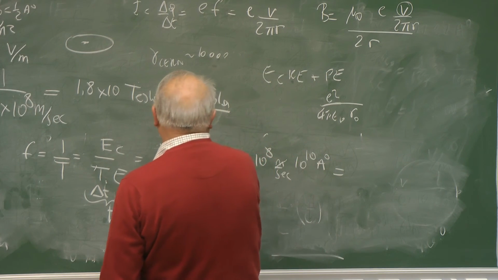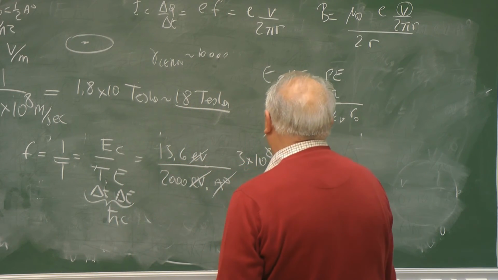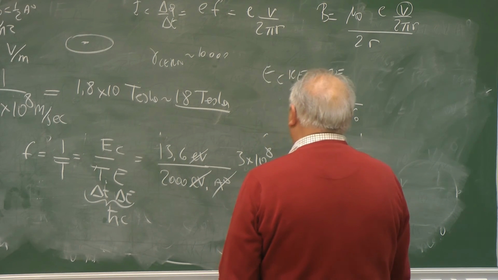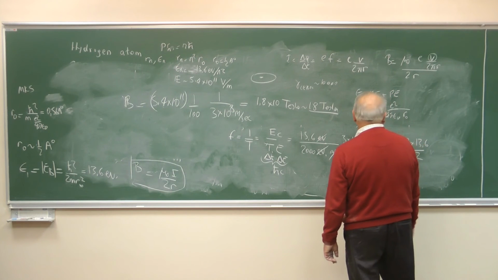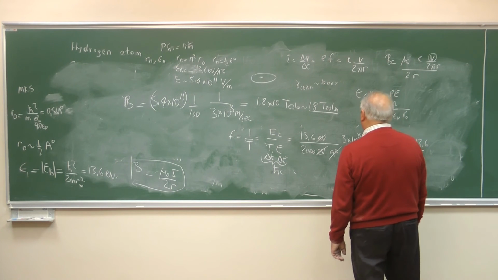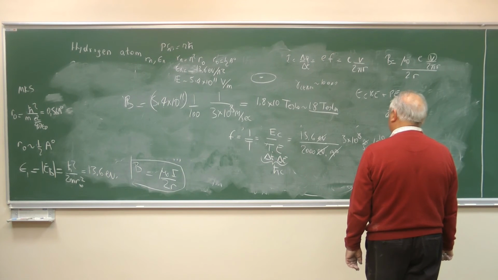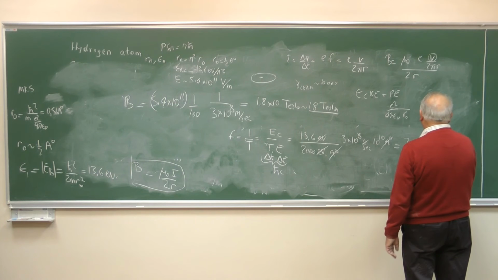So electron volts cancel, angstroms cancel. So it is like 3 times 13.6 divided by 2. This is like 10 to the 19.